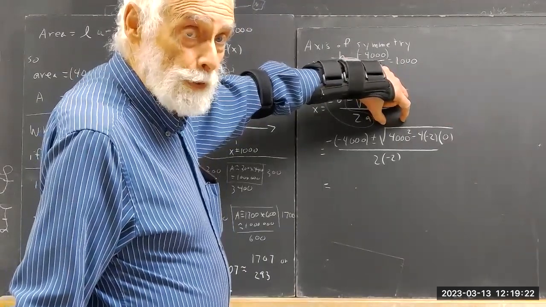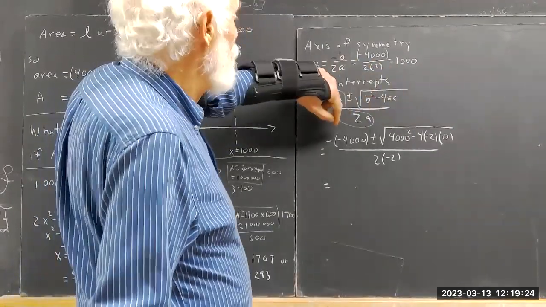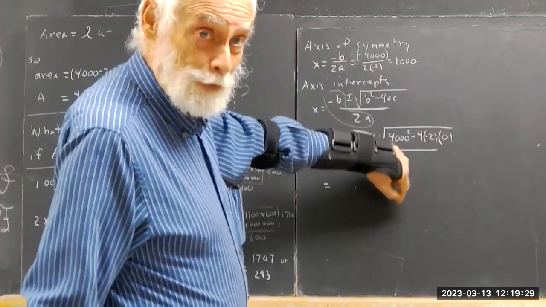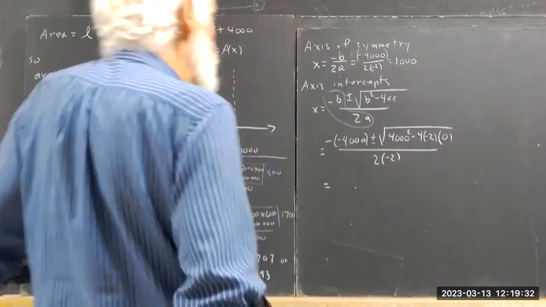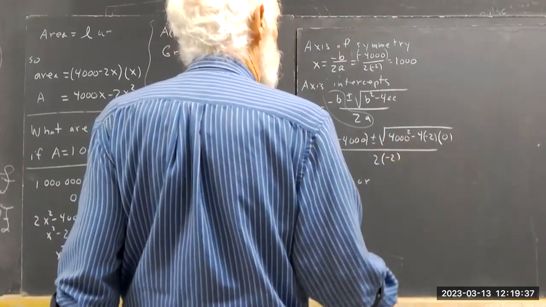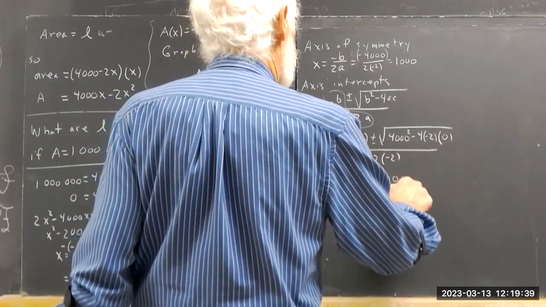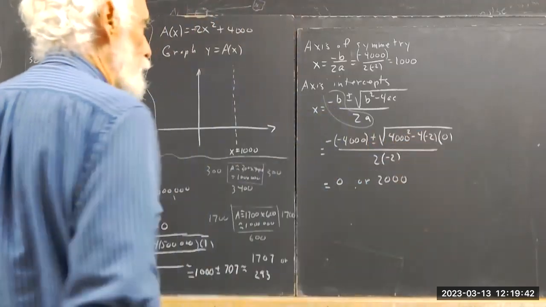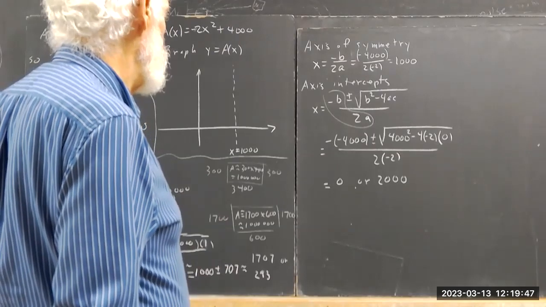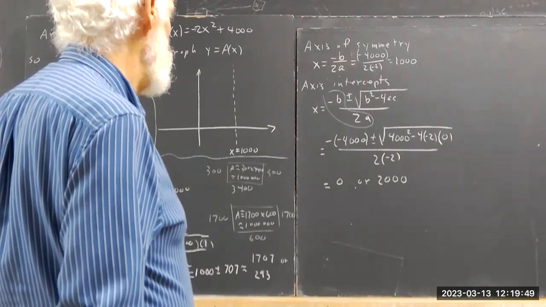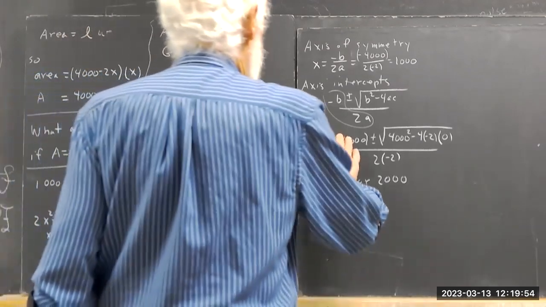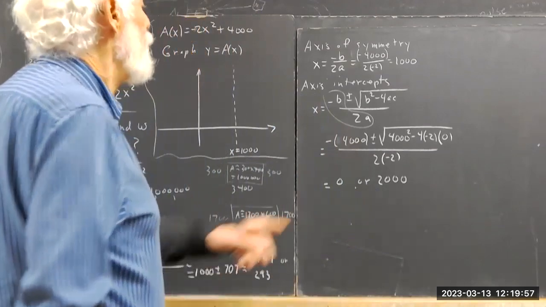Square root of 4,000 squared is 4,000. So we're going to have 4,000 plus 4,000 over this, or 4,000 minus 4,000 over this. 4,000 minus 4,000 is 0. 4,000 plus 4,000 is 8,000. Okay, it's 0 or 2,000.